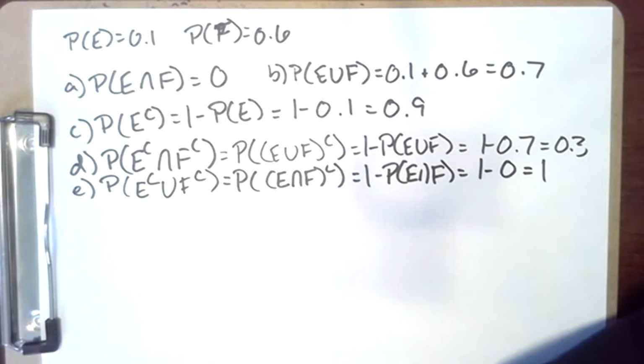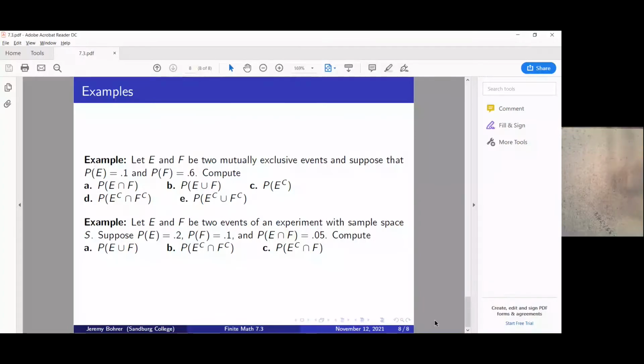Moving on. In this second example, we're told to let E and F be two events of an experiment with sample space S. We want to know if P of E, the probability of E, is 0.2, 2/10.